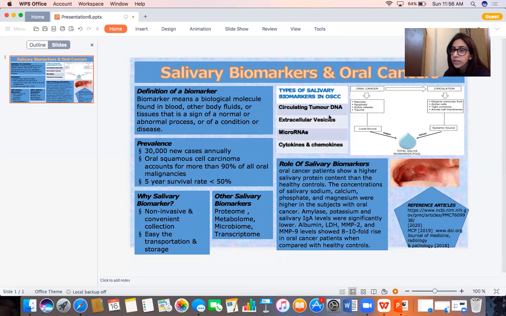The role of these salivary biomarkers is explained with the help of this flow chart. In easy language, the protein expression in the saliva is altered when oral cancer is present, and this can be detected using the Mascot technique.